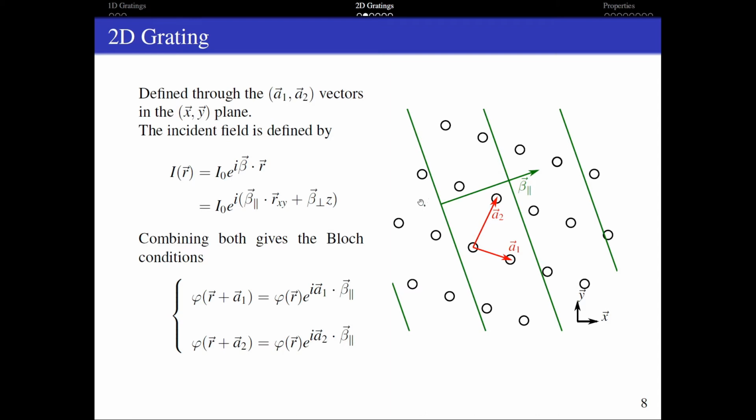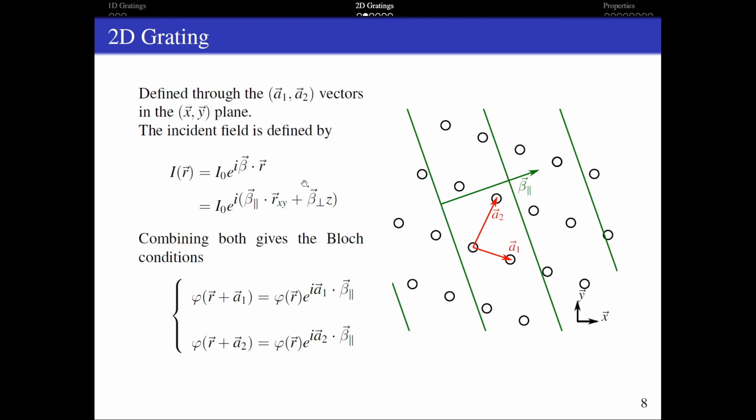Again, we have an incident field. Here we only show the parallel components of the k vector. So now this is in 2D. We represent this as a vector itself. Again, we can define the incident field using a complex exponential, and I've separated the parallel and perpendicular components of the k vector.